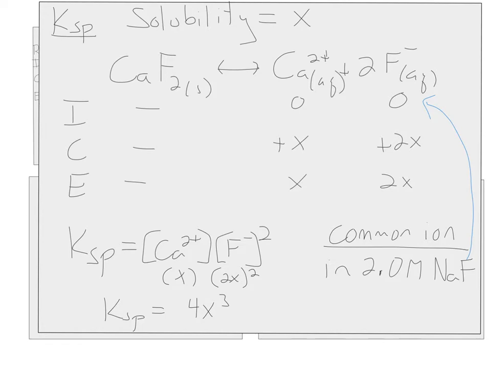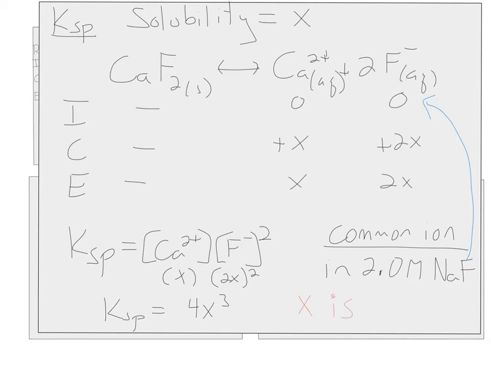And if this dissociated more than once, if this was something that had 2 fluorines on it, we'd have to double that. Watch out for dissociation. But my fluorine would not be 0. It would be 2 molar plus 2x, and then those x's are always going to be insignificant. You don't have to worry about it. When you have common ions, x is insignificant.